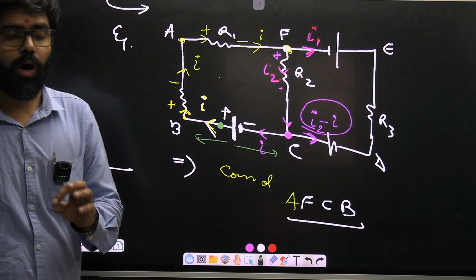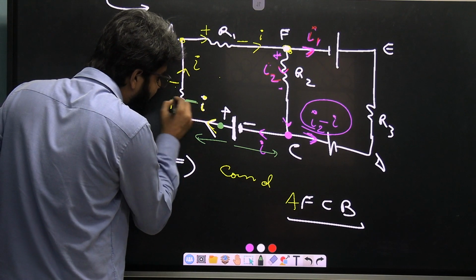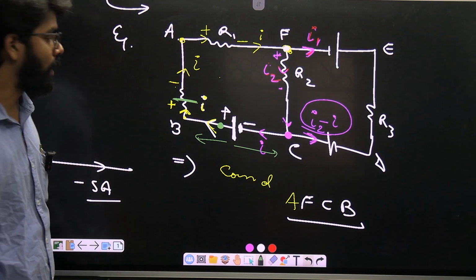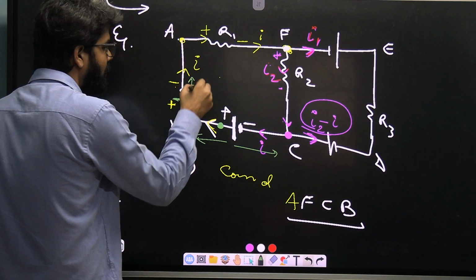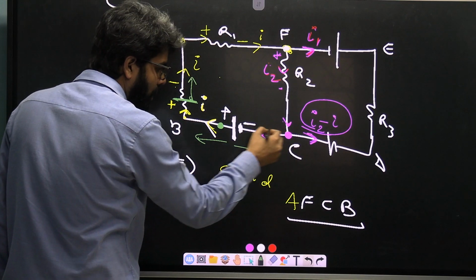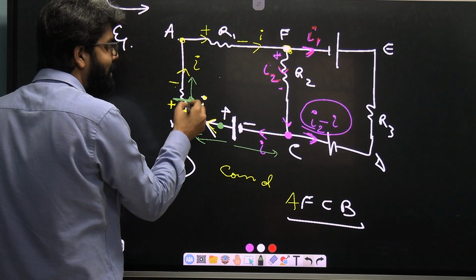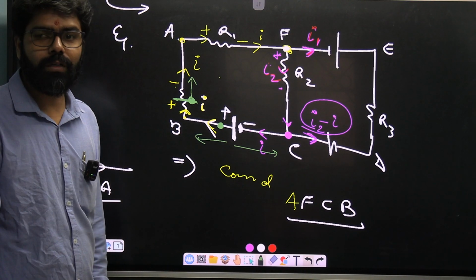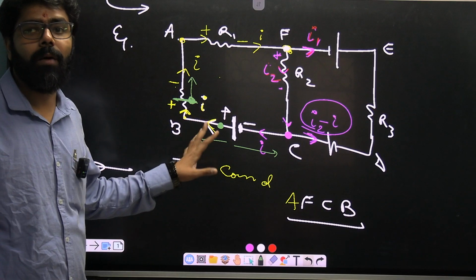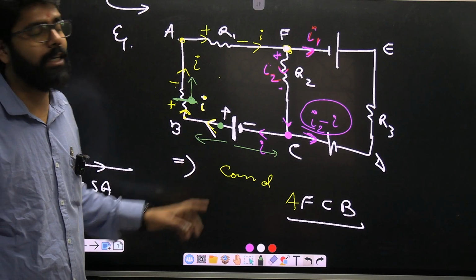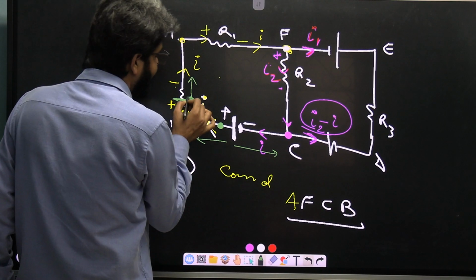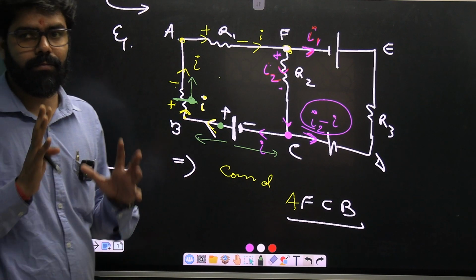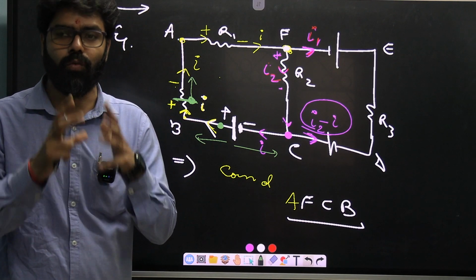If you want to walk through half of the resistance, you can do that also. You can start from here in this direction, but following the closed path, you return exactly to the same point where you started. So you can start from any point, walk along the loop, and come back to the same point. This is the main principle when you apply this voltage rule.